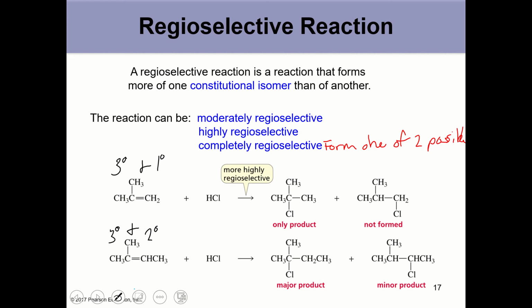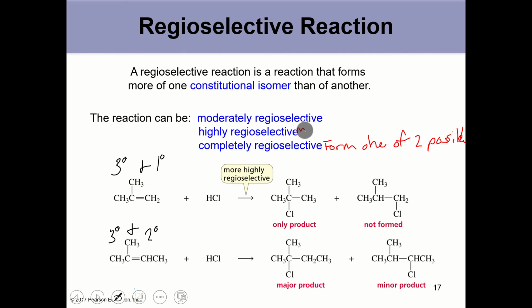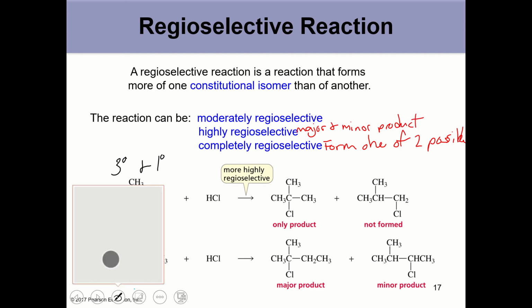Highly regioselective is having a major and a minor product. And moderately regioselective would be that the products are present in approximately equal amount.